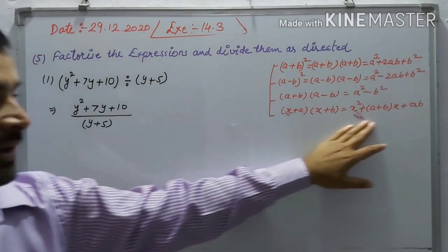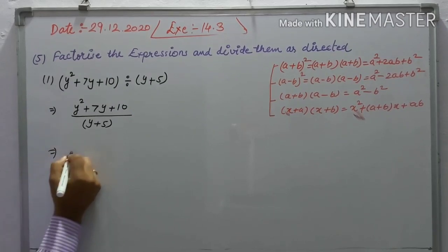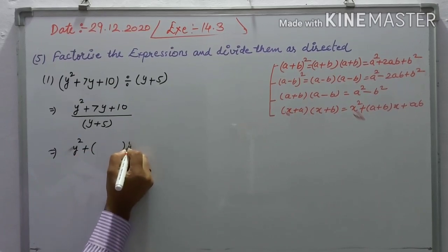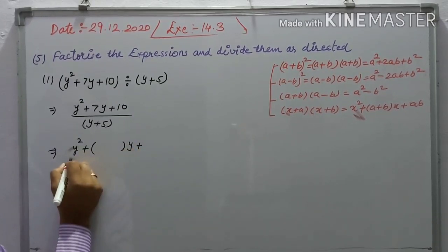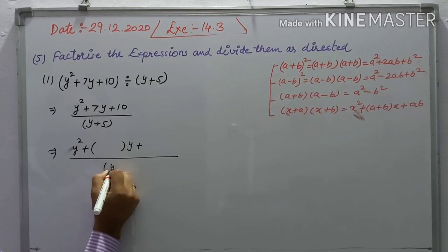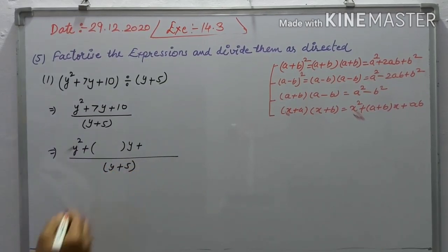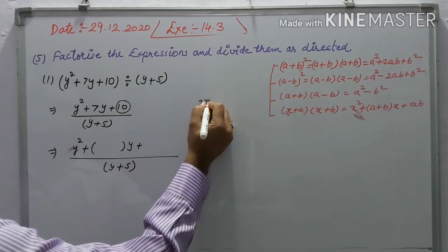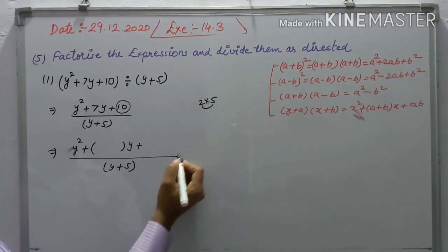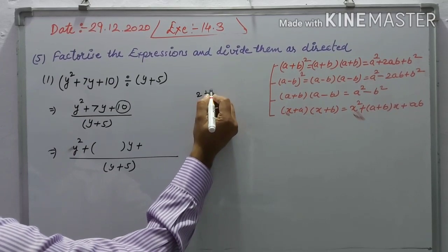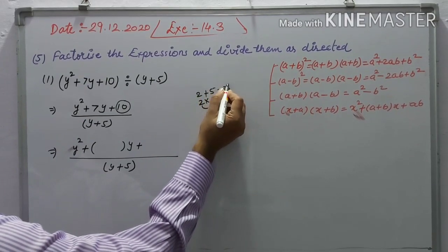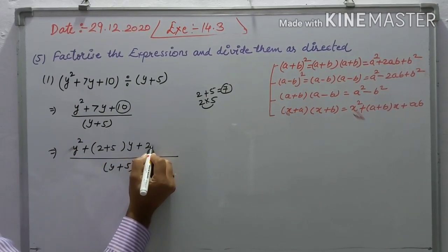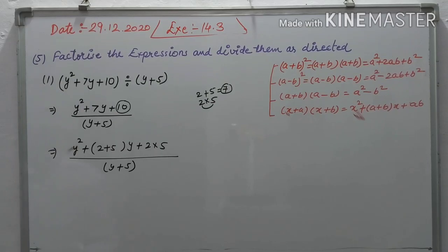Now use the 4th identity: we write y square plus two numbers, and the same two numbers multiply, and below is y plus 5. So 10 has factors 2 into 5, and 2 into 5 is 10, and 2 plus 5 gives 7. It means we write 2 plus 5 and here we write 2 into 5. Okay, now we solve.